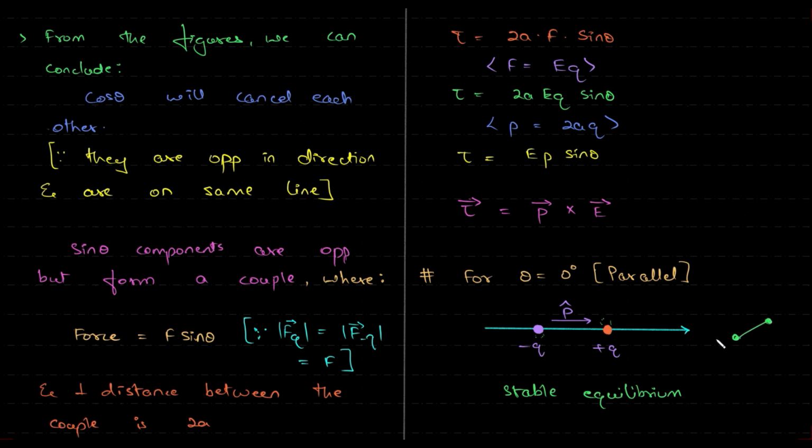Negative is getting pulled to the left while the positive is getting pulled to the right. So when you resolve the force, what will happen? We have a rotational force which will put it back to the original position. So whenever something puts back to the original position, such a scenario is where we see stable equilibrium.